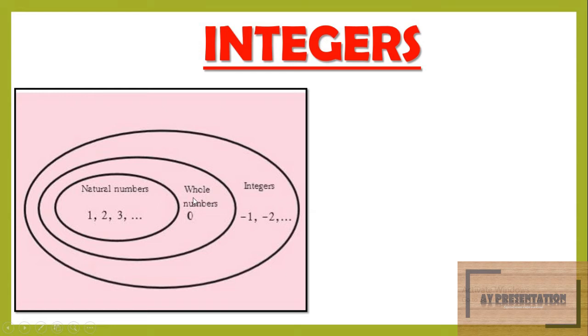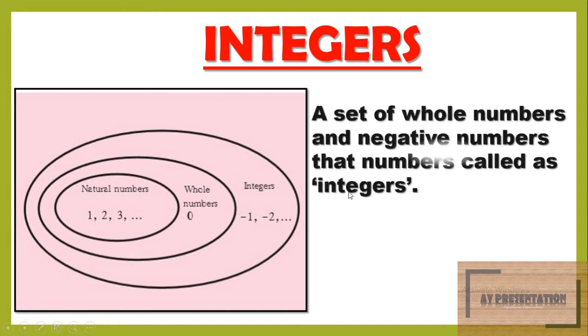We have learned about natural numbers and whole numbers. In natural numbers or whole numbers, all the numbers are positive, but in integers not only positive but also negative numbers are included. So that means integers are positive numbers, 0 and negative numbers.